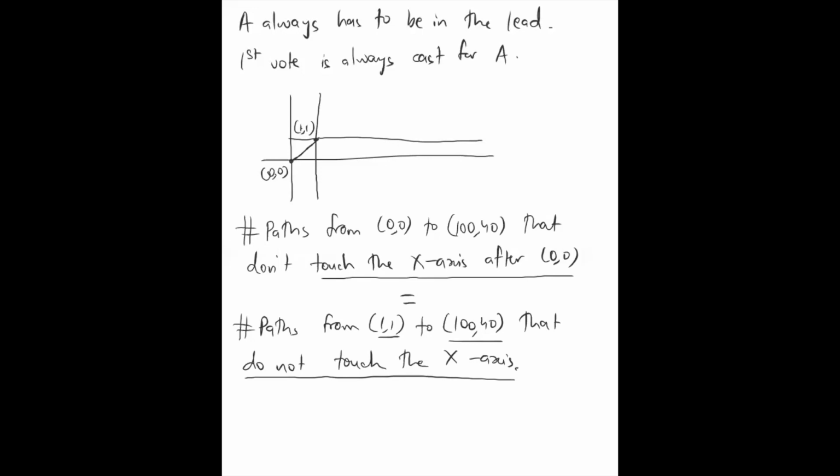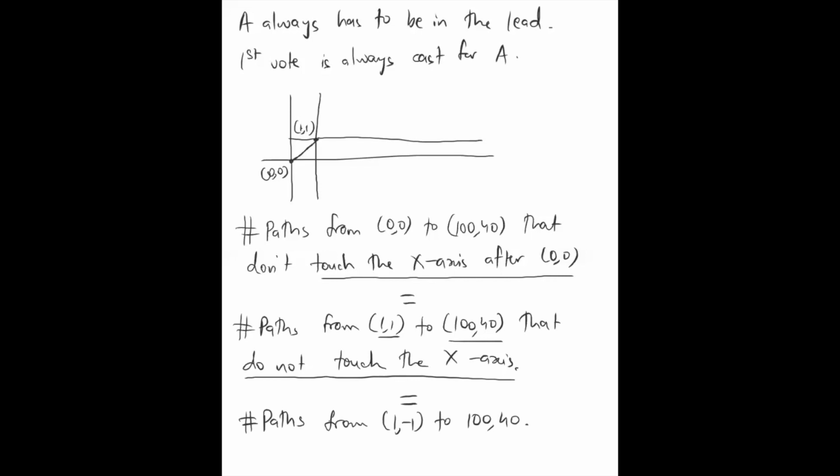Okay. So now if you remember the logic that we applied, this is the same as the number of paths from 1, -1 to 100, 40, and that's it.